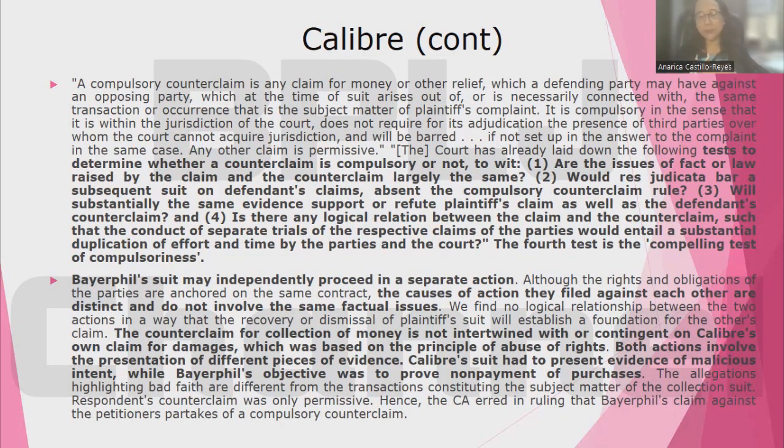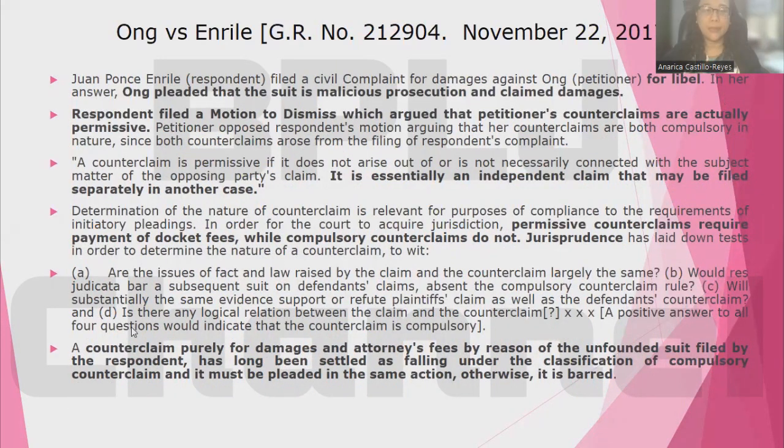Calibre's suit had to present evidence of malicious intent, while Bayerfield's objective was to prove non-payment of purchases. In other words, they are different. They are not connected or intertwined with Calibre's suit for claim of damages for breaching the distributorship agreement.